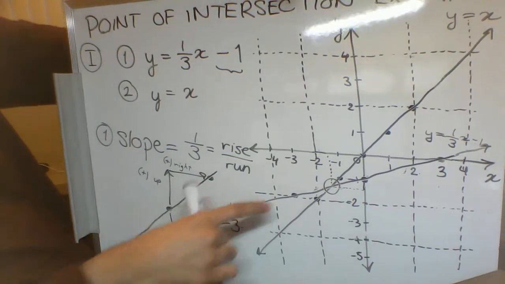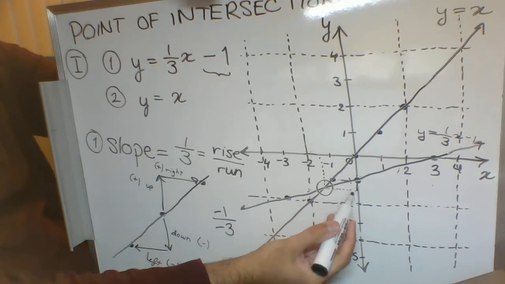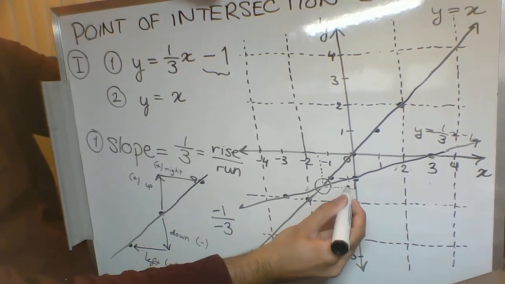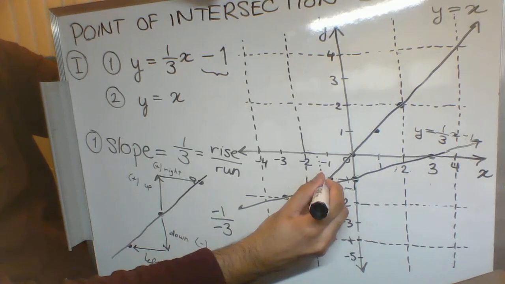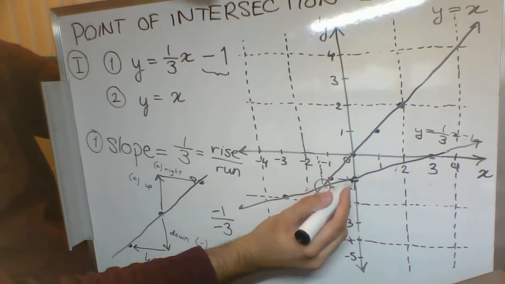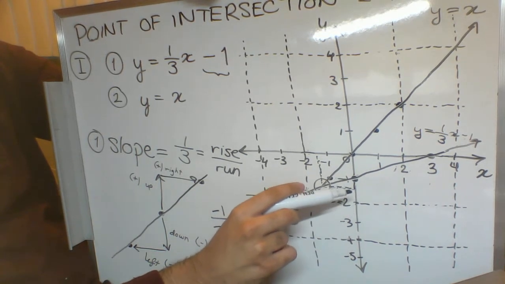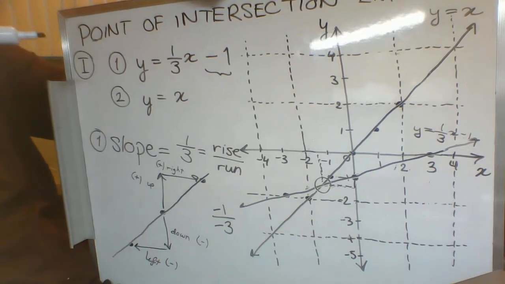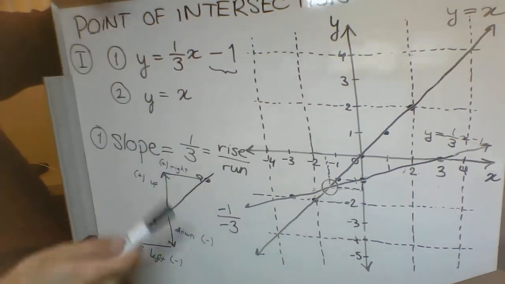And if you draw in those little dotted lines towards the axes, then you should see that the y value, let me see if I can make that a little bit more obvious. The y value should be somewhere between -1 and -2, right? We've got this line, maybe it's halfway, we don't know for sure yet because of how unreliably I drew the graph.